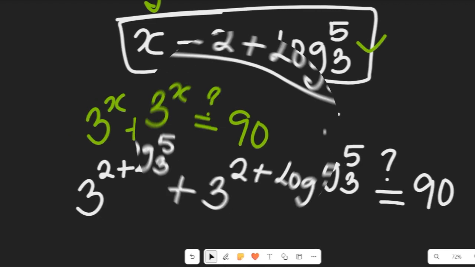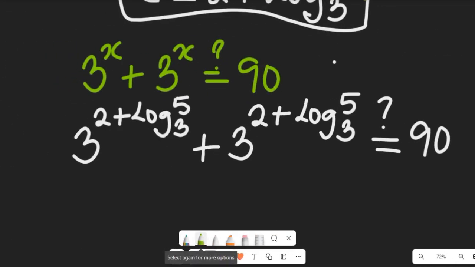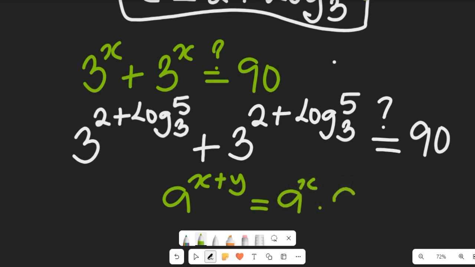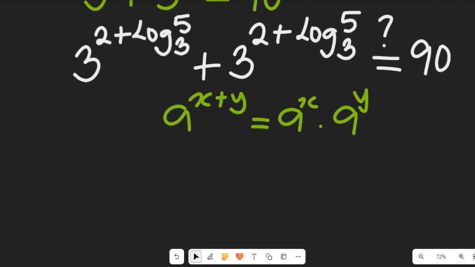Now let's find out. Let's recall the law of indices: a to the power of x plus y can be equal to a to the power of x multiplied by a to the power of y. So that means we can separate those two exponents which have one common base, 3.